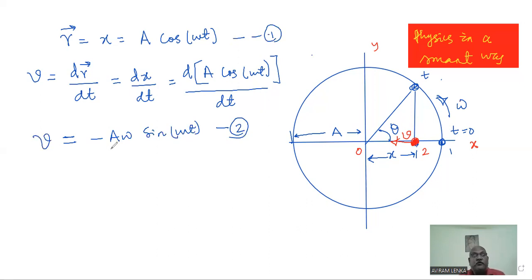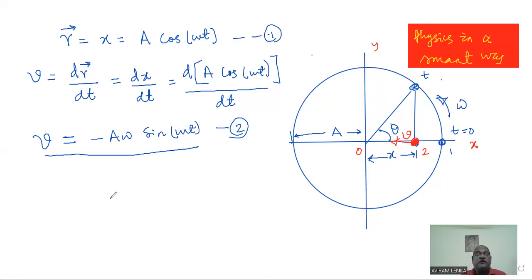Some of us may be a bit surprised by the result. The result has got a minus sign. The minus sign shows that the velocity is in the opposite direction, opposite to position vector or x coordinate. You know, the body is to the right of the origin, and velocity is towards left.